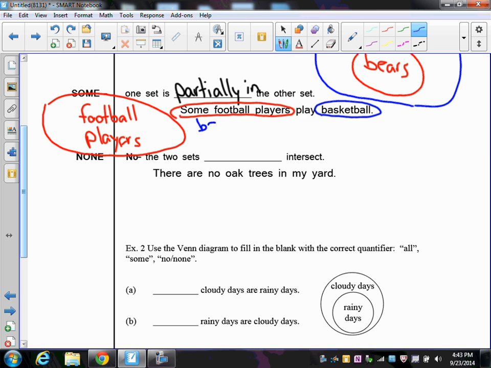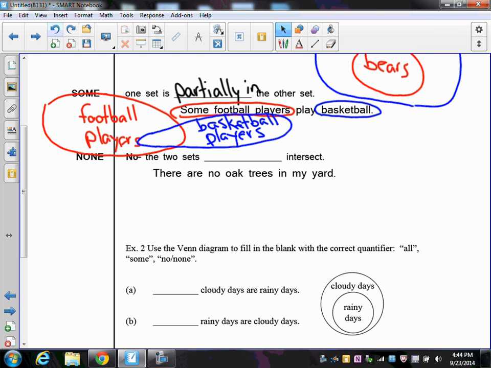So this would be basketball players. And what we're going to have is this intersect. So what we would have here is these people here that I'm going to make black, that part in black, those people play both football and basketball. So that's what we mean by some. Those people play both, but then there's people that play only one.